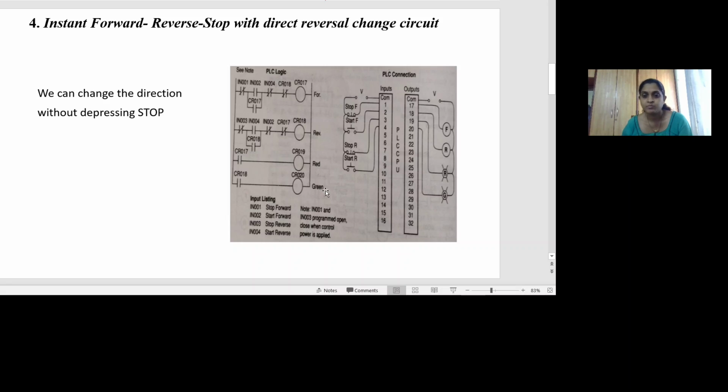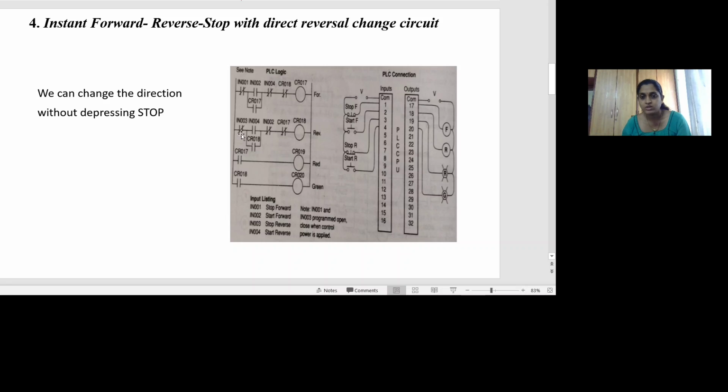Suppose my entire event is over, and at last I want to turn off the motor. In that case, if it is running in the reverse direction, then I have to energize the contact 003. When I energize 003, this contact will open.